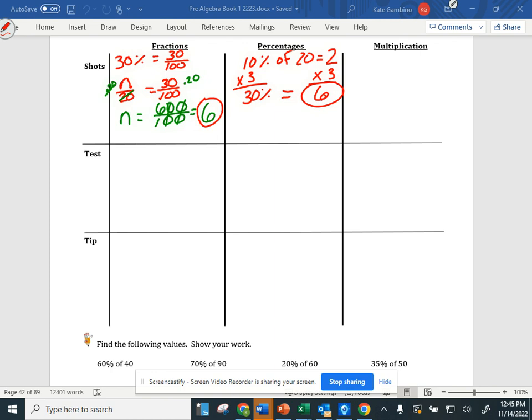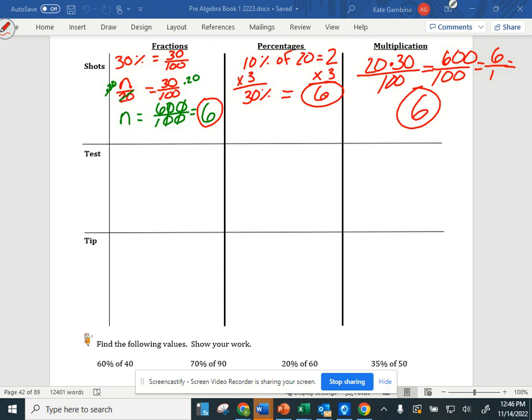So she made 20 shots times that 30%, which is 30 over 100, equals, we just figured it out over here, that 20 times 30 over 100 gave us that 600 over 100, which equals 6 over 1, which equals 6.